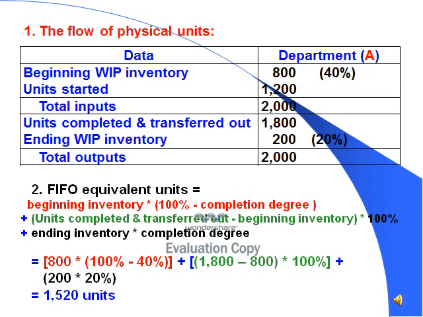Beginning inventory 800 times 100% minus completion degree for beginning inventory 40%, plus units completed and transferred out 1,800 minus beginning inventory 800 times 100%, plus ending inventory 200 times completion degree for ending inventory 20%, all equal 1,520 units.